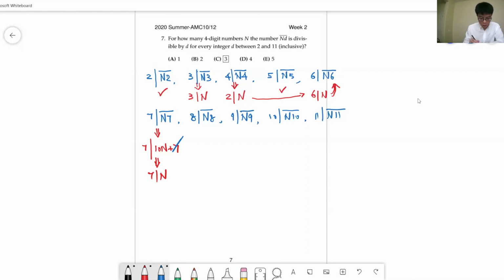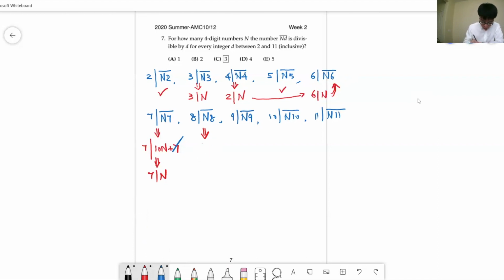Okay, now let's go to 8. A number is divisible by 8 as long as the number formed by the last 3 digits is divisible by 8. So here we see that we need n to be divisible by 4 in order to have this divisible by 8. This means 4 is a divisor of capital N. Maybe let me write more.